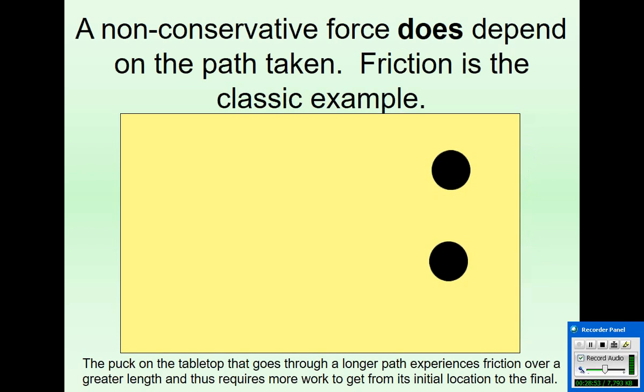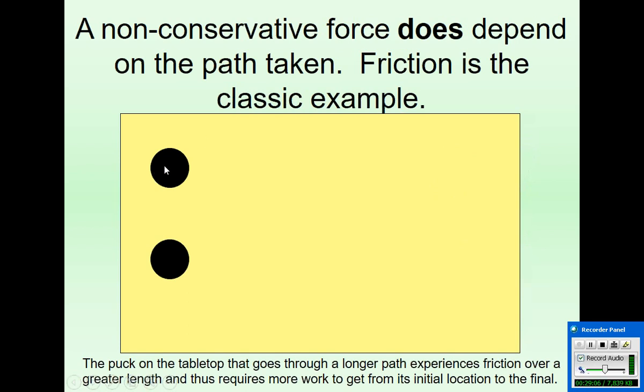The thing is, friction was acting against the motion of that object throughout its entire path. So the object that moved directly from left to right, friction only acted along this relatively short path length. So we see this short path right here, this path length difference right here, big whoop.